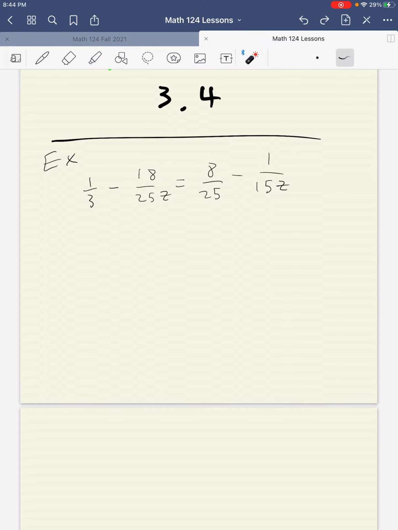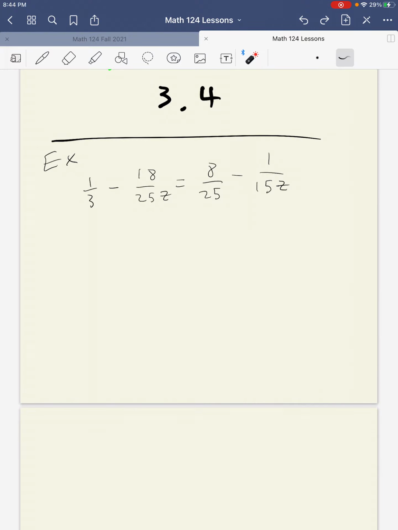When we add or subtract fractions, we do need a common denominator, which we do not have. So the idea here is to multiply numbers to the top and bottom of each fraction so that we do have a common denominator, and then once we have one, we can just crunch this all into one term and easily solve it.